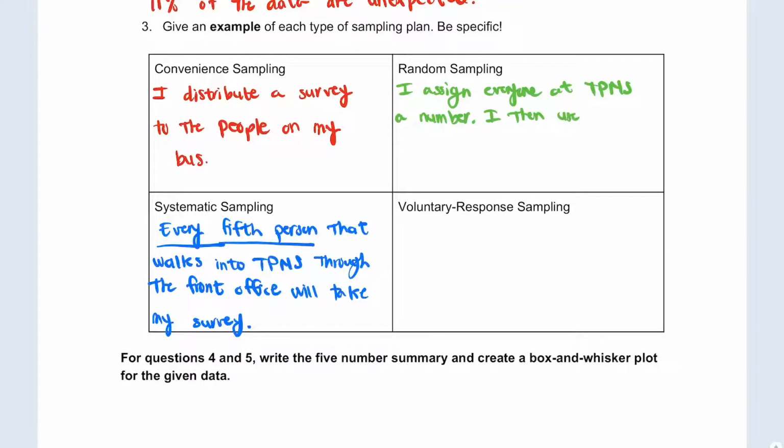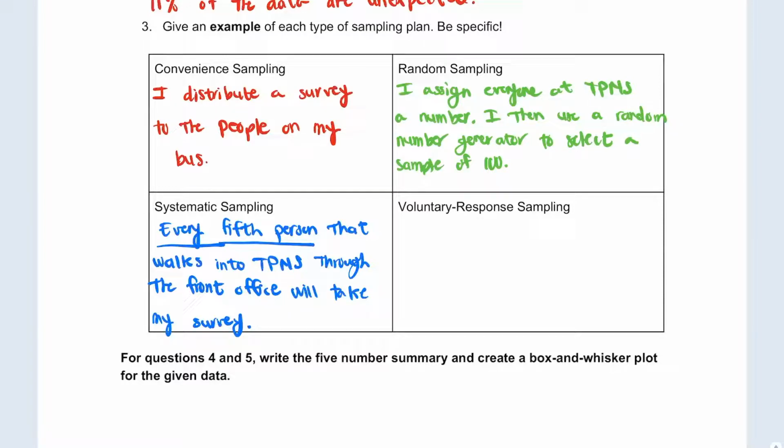I then use a random number generator to select a sample of 100.